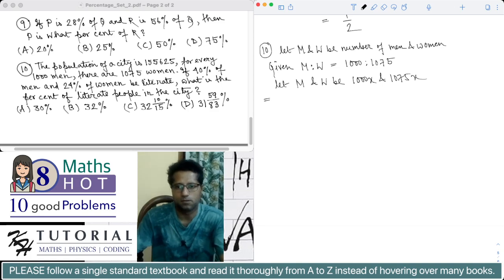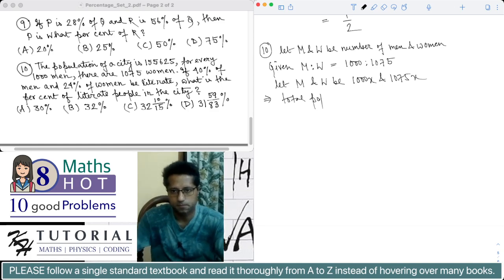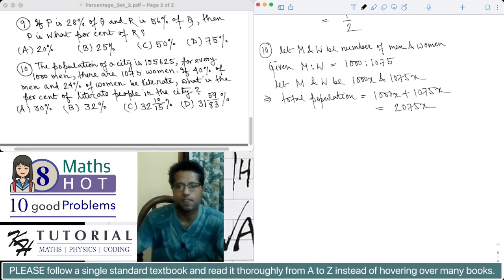So this implies the total population is equal to 1000x plus 1075x, which is equal to 2075x.